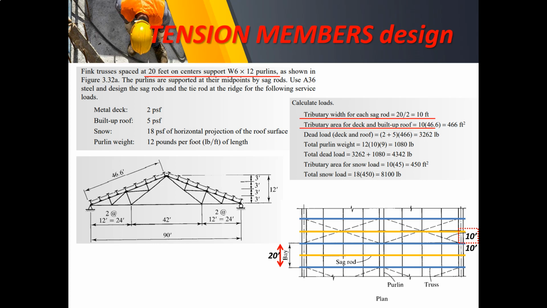Now, the tributary area for the deck and built-up roof will consider this shaded portion. So the inclined length is 46.6 and the spacing is 10.